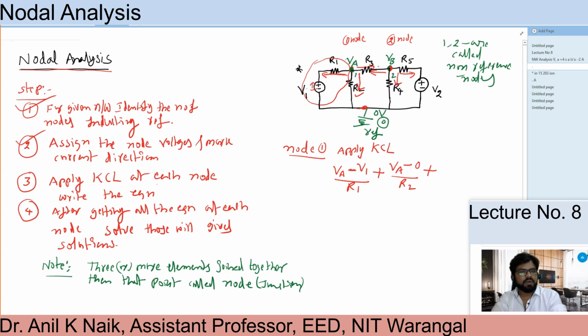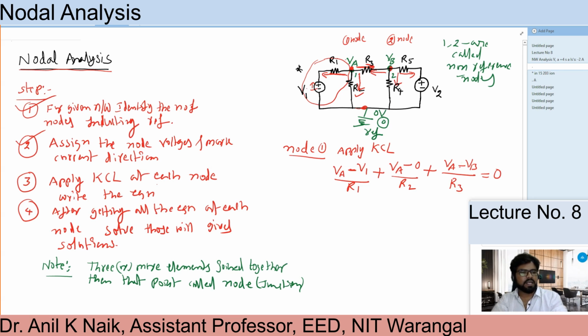Now what is the current going in this direction? I can write VA minus VB by R3, equal to 0. So this is the KCL we are writing for this network.